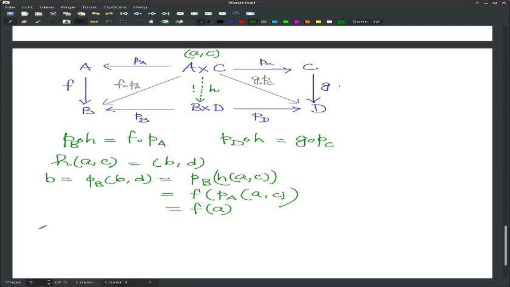And similarly, D is nothing else but GC. So what is happening? H of AC is FA GC.